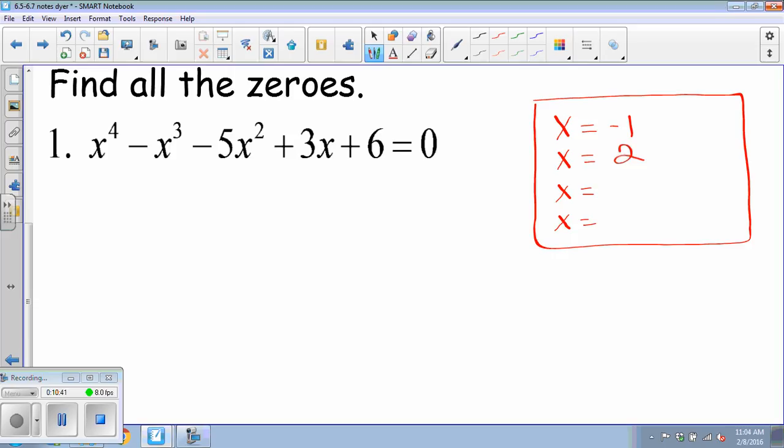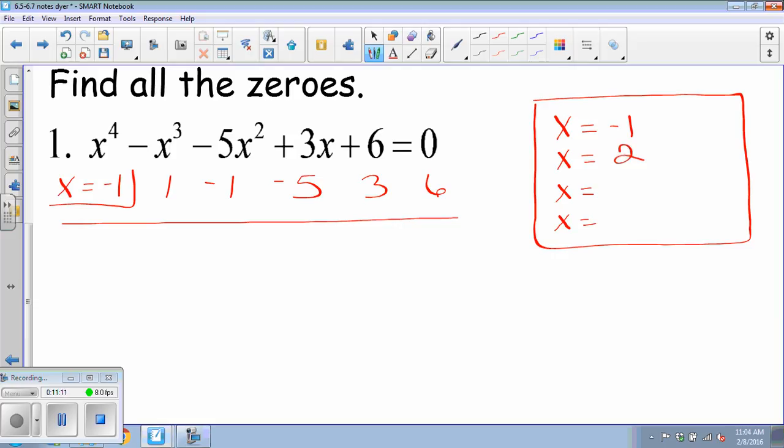So then we take that answer and we do synthetic division again with x equals 2, and then our answer will start with x squared. And we can factor or solve something that starts with x squared. Okay? And so that's what we do. So we say x equals -1. All right? My coefficients are 1, -1, -5, 3, and 6.